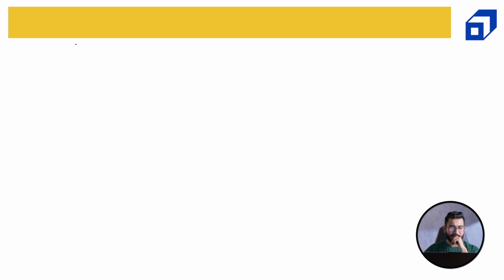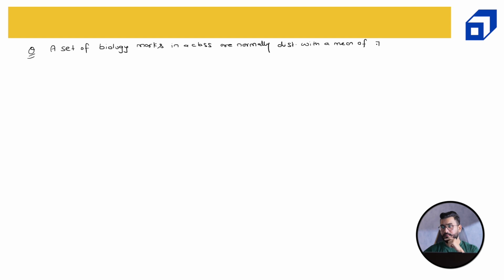Now let's see one example. Let's say a set of biology marks in a class are normally distributed with a mean of 70 and a standard deviation of 6 points.